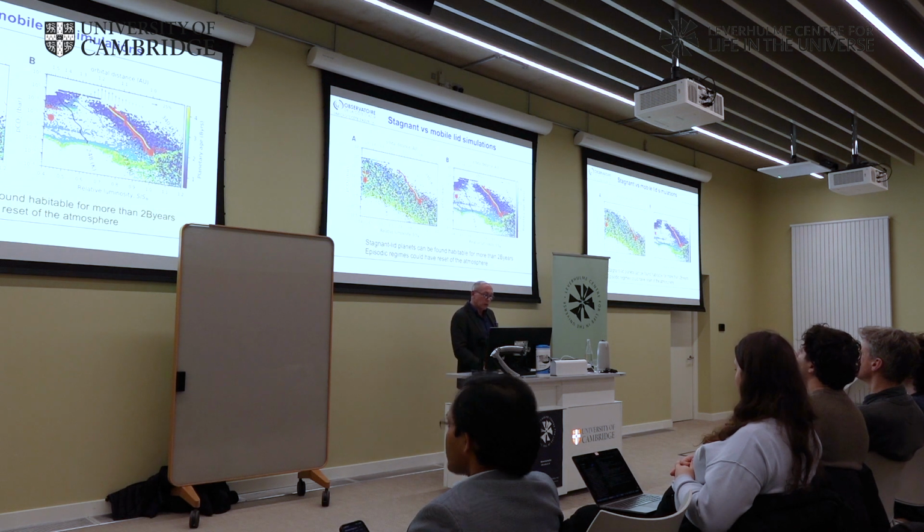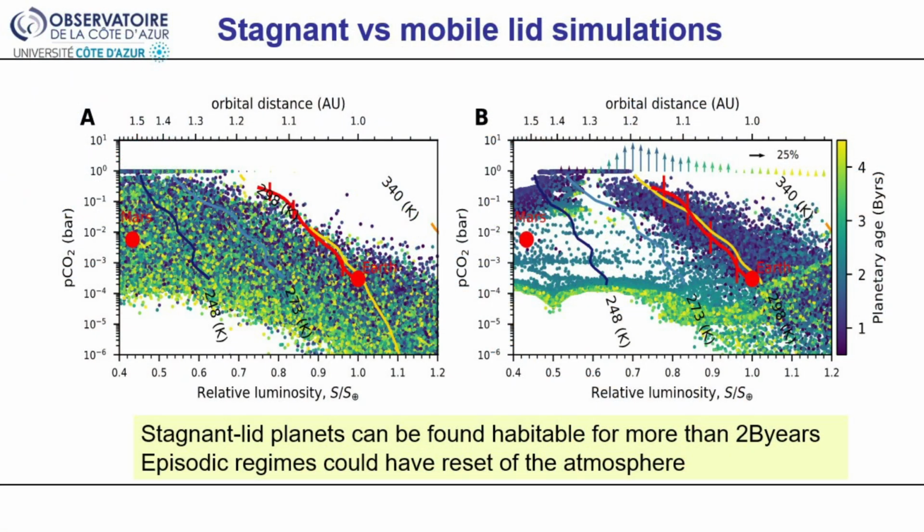Those graphs are a little bit not easy to read, but on the left you have the mobile lid, so what you have on Earth, and on the right you have the stagnant lid regime. Each of those points is a simulation where we calculate the steady state between the atmosphere and the carbonate cycle, finding steady state conditions for different times, because you have outgassing that depends on time and the various parameters of the carbonate silicate cycle.